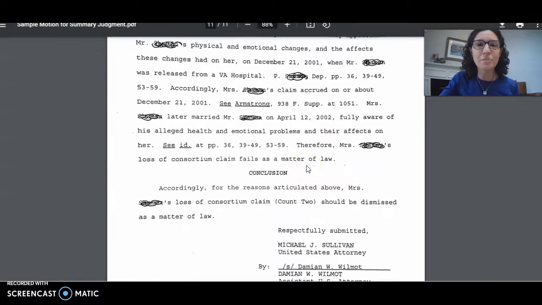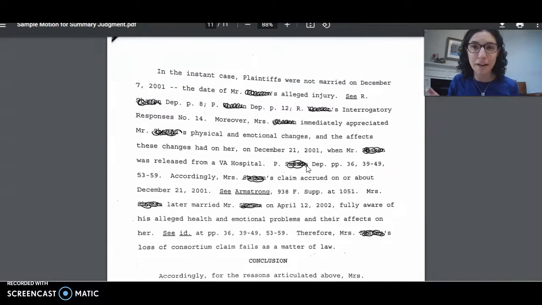There's only one paragraph here, but notice that this entire analysis paragraph points out the facts from the statement of undisputed facts to show that this author has a basis for summary judgment here, that the facts show this couple was not married on the date of the accident or the injury, and therefore, as a matter of law, they are entitled to summary judgment, and the claim goes away.